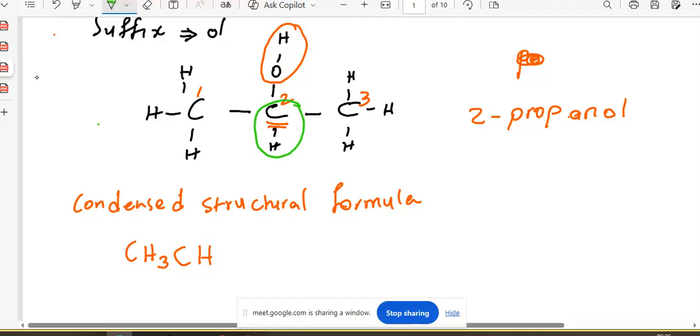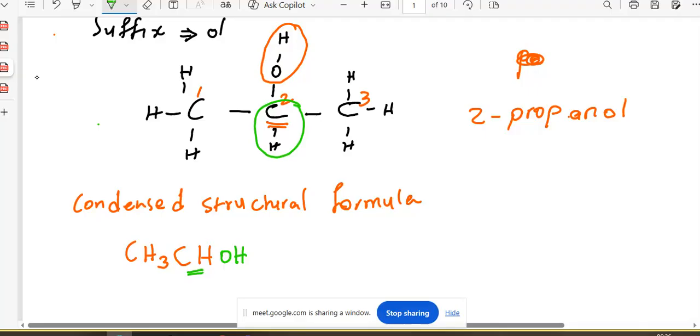Then that's when you can write the HO after that one. So it's going to be CH, therefore OH. So this shows that this one is the one that contains what? The OH. So it's the CH, the OH.